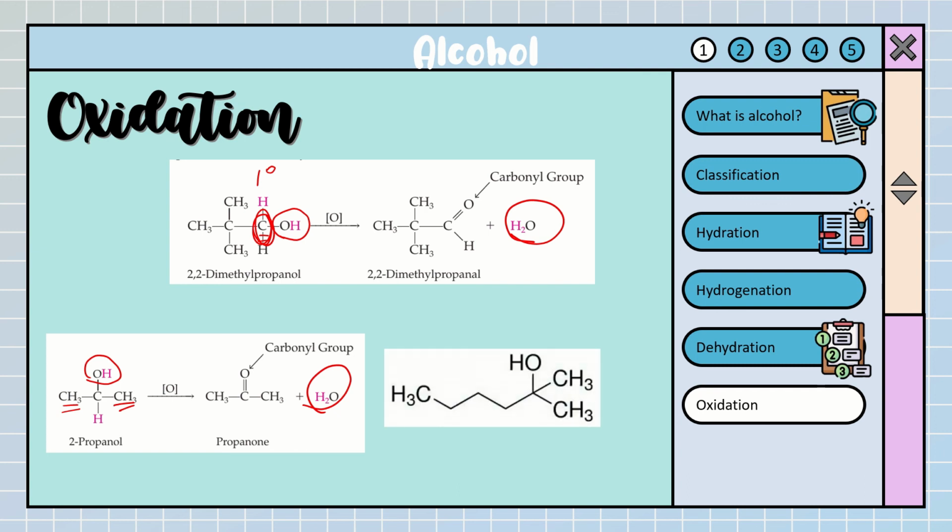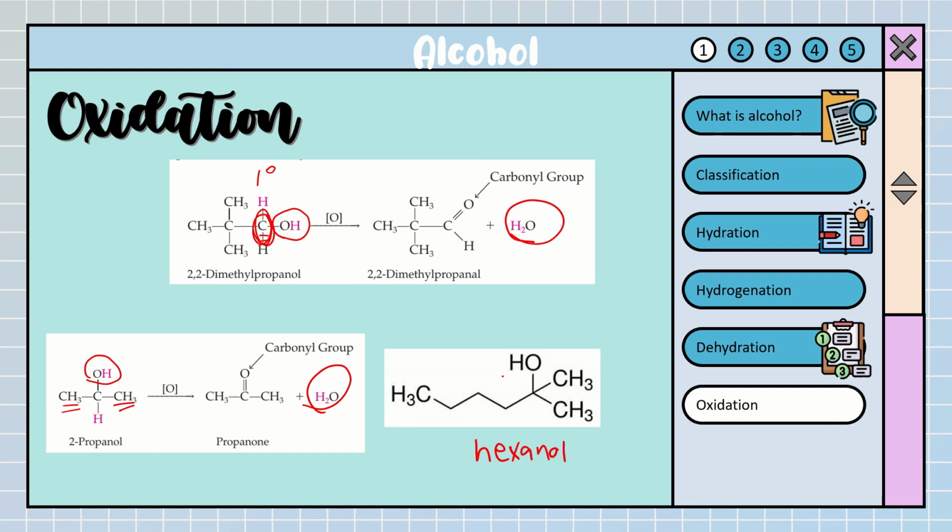But for example, we have a tertiary alcohol as shown here in the picture. By the way, what is the name of this alcohol? We have carbon number 1, 2, 3, 4, 5, 6. So this is 6, so we have hexanol.